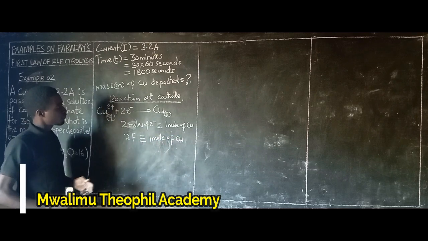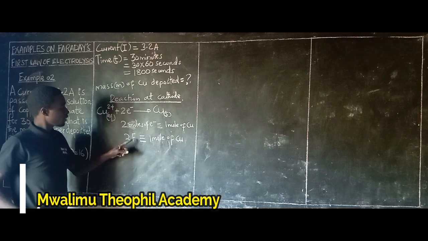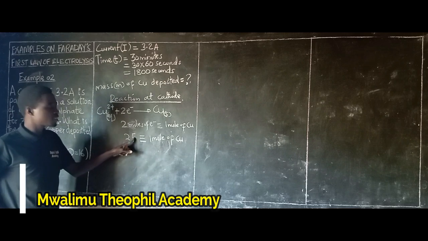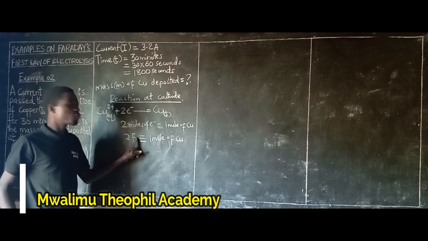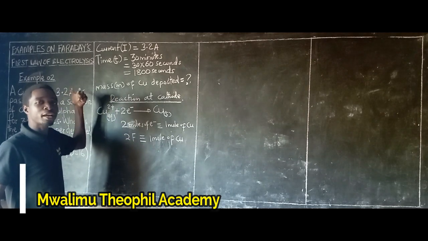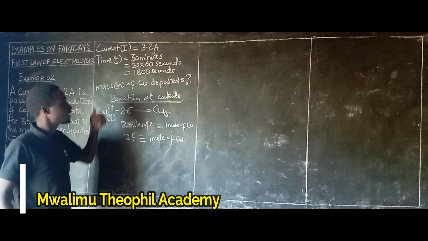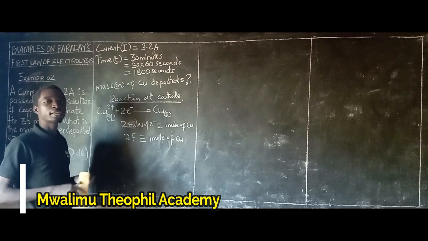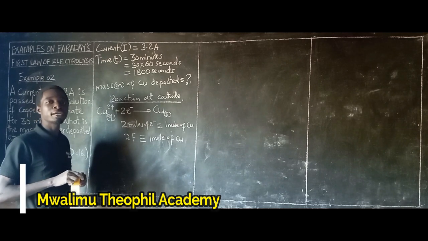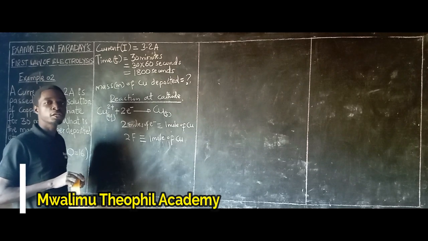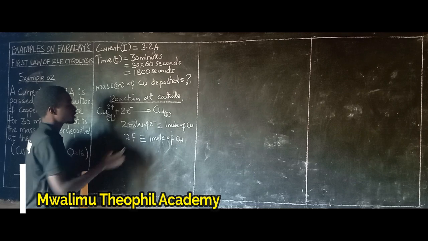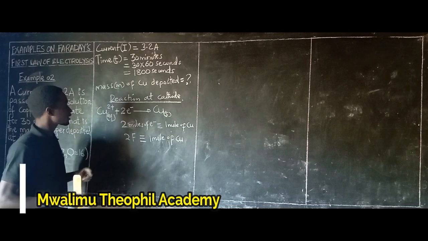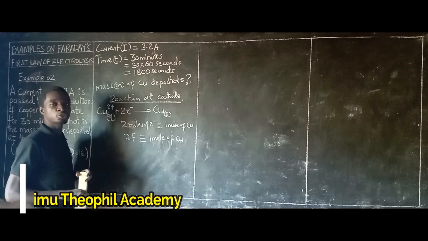Here we are going to convert these Faradays into coulombs so as to be able to use the given current and time. As you know, when we take current times time, we get the charge in coulombs.